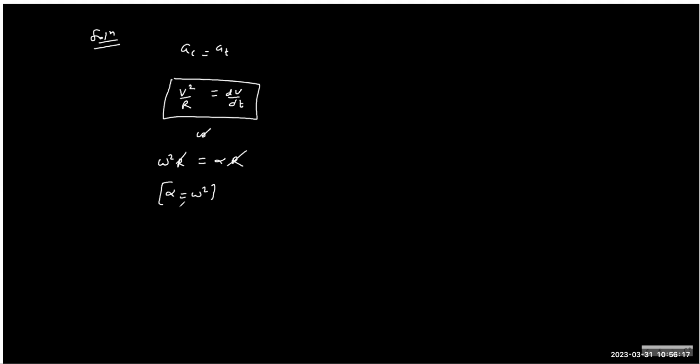This is also differential because it connects d omega by dt, and again you can also write it as v dv by ds, where ds is the arc length. So now it is up to you to choose the method and proceed. I'm giving you one more opportunity. Use one of these, proceed and think how to get this.